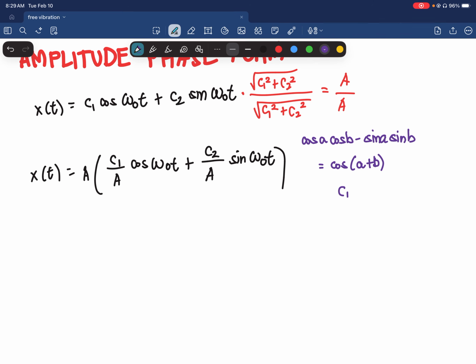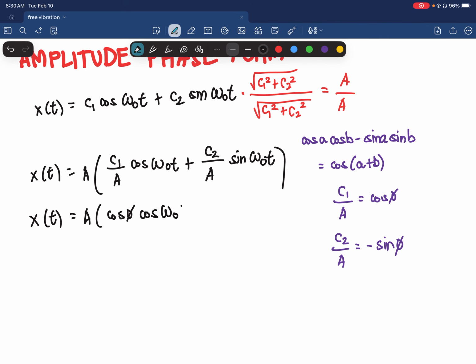Let's do c1 over A, that is equal to cosine of phi, and then c2 over A, that is equal to negative sine phi. Ayan. So, we can rewrite this with the format of A cosine phi cosine omega naught t plus, or actually minus rather, sine phi sine omega naught t.